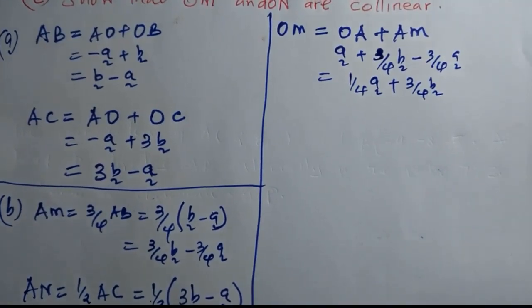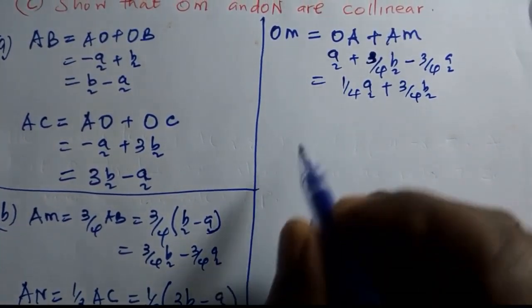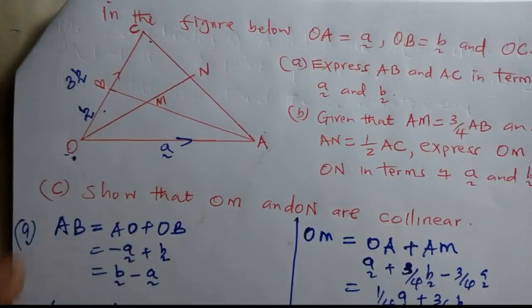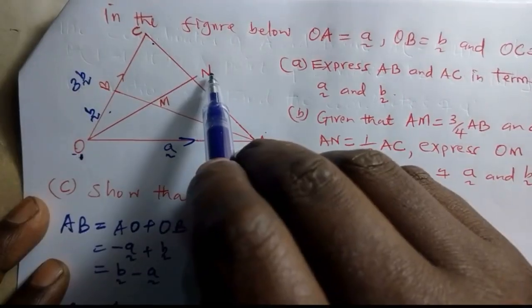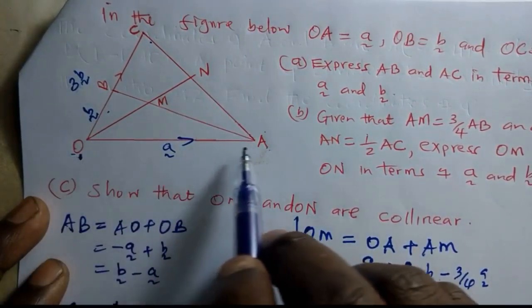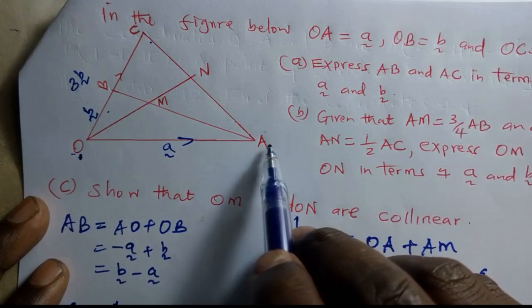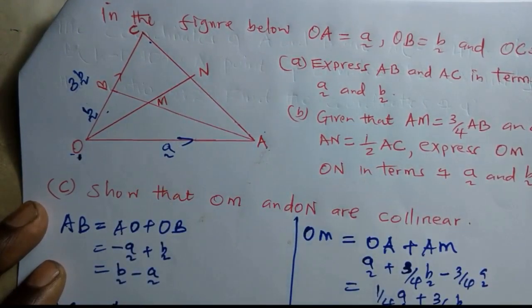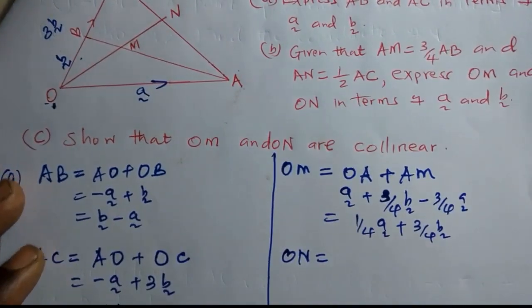Now we want ON. How do we get ON? ON is equal to OA plus AN. That's one way of getting it; there's another way, but we can use that one.